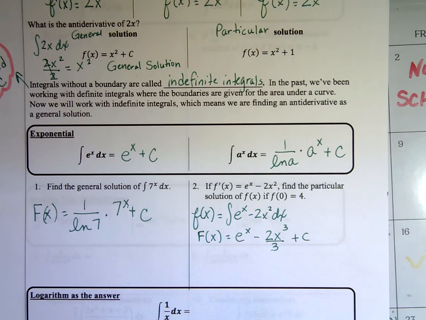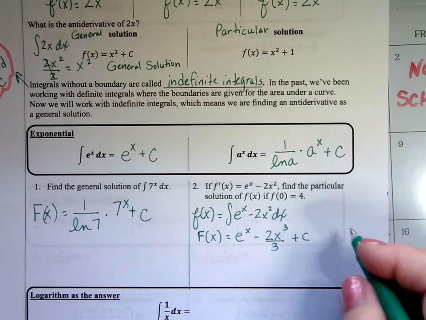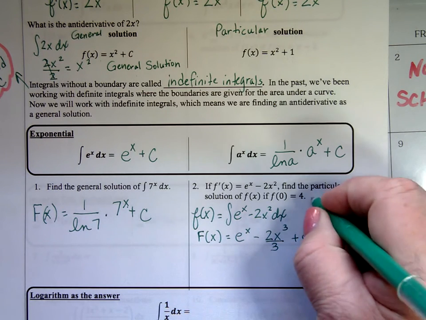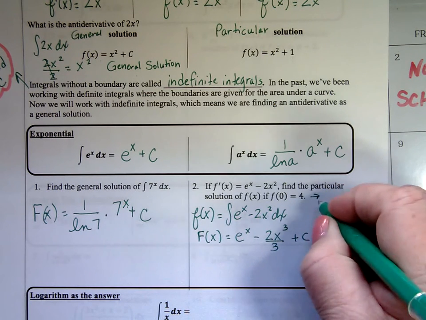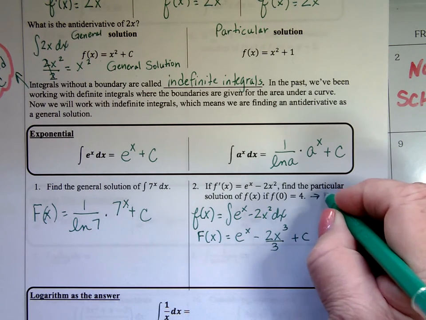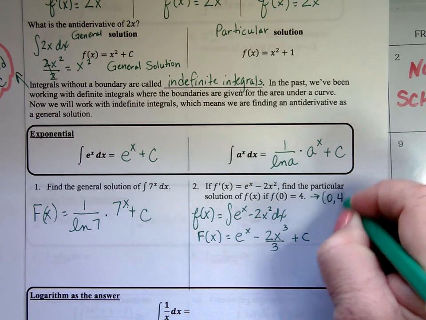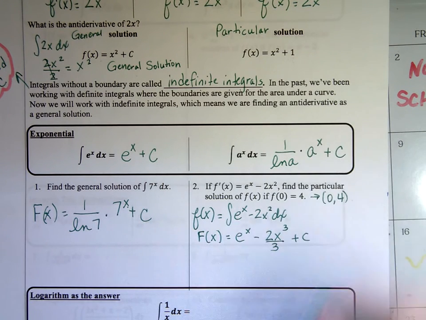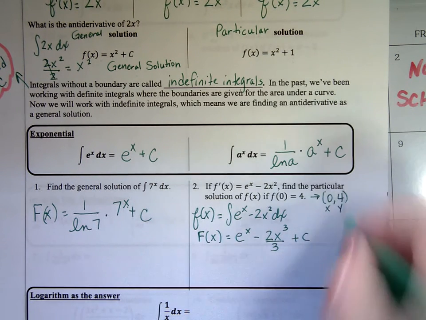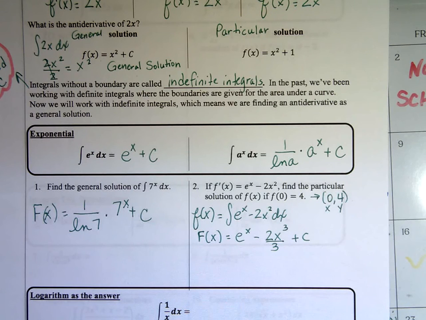But then they gave me information, and this information says that when my function has an x value of 0, the y value is 4. This is your x, and this is your y. Remember that you're looking at what this function is.